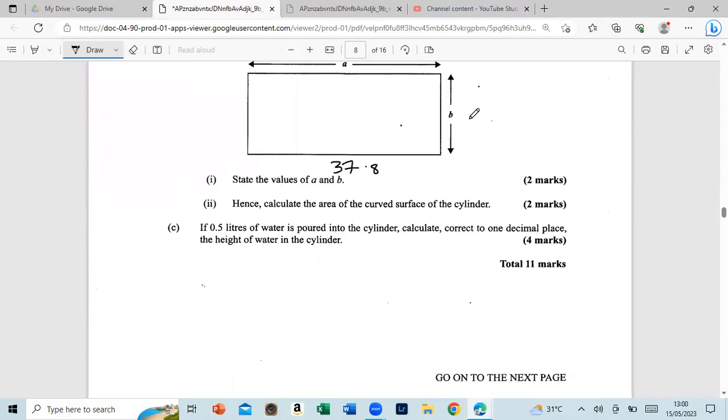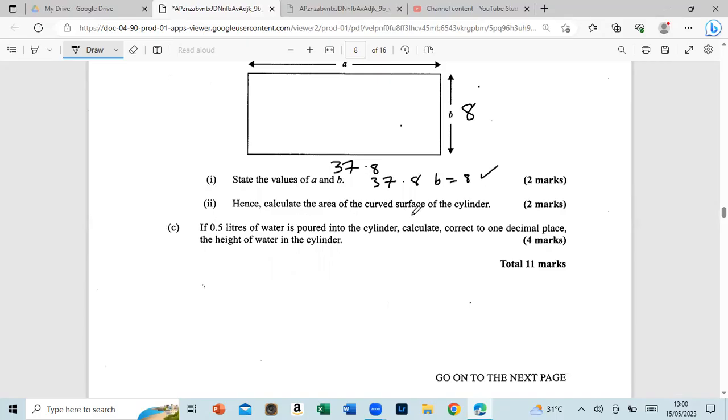So state the values: A is 37.68 and B is 8. So you get a further 2 marks.